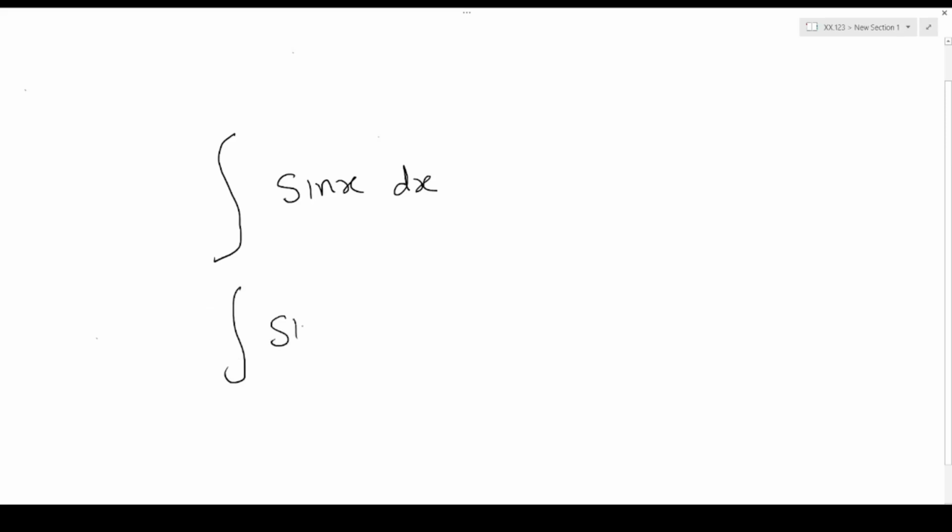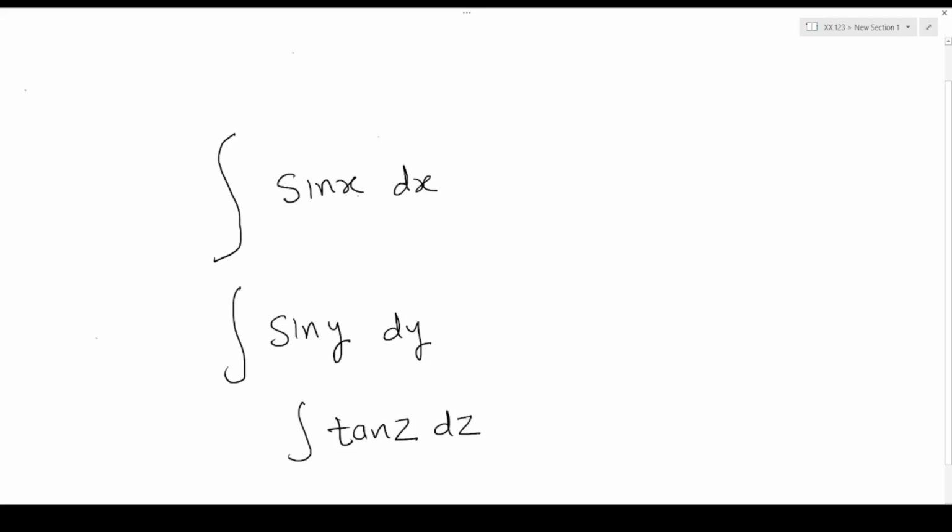Similarly, integration of sin y with respect to y. Similarly, integration of tan z with respect to z. Here the variable is y. In the second example, the variable is y, therefore it stands for with respect to y. In the third example, the variable is z, therefore it is with respect to z.